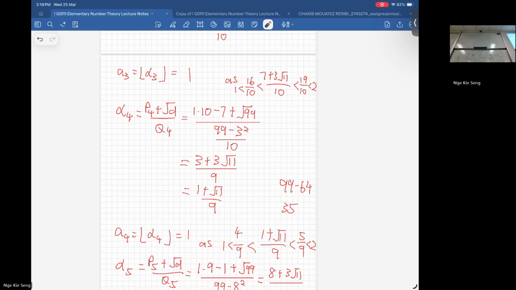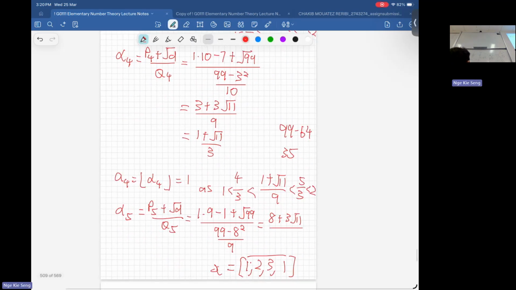Is 9 wrong? The denominator is 3? Oh, good. Thank you very much. No wonder I feel so weird. Okay, so this one still holds, right? So it is 1. Okay, good.